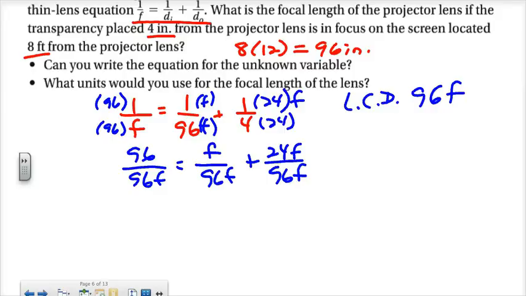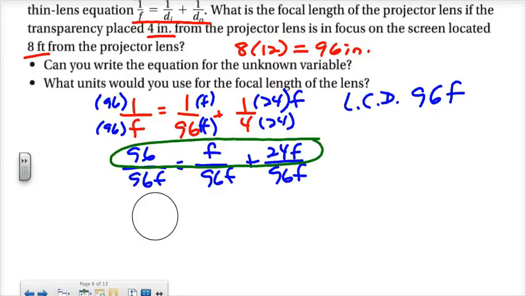I do have a common denominator. Well, we don't need our common denominator anymore, because if this is going to be true, the denominators are already all the same. What we have to make happen is 96 is going to have to equal F plus 24F.